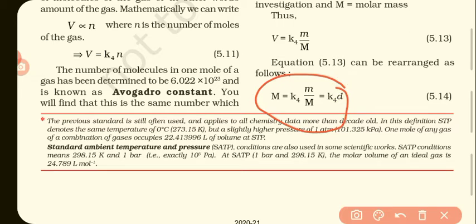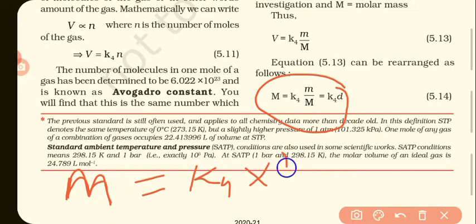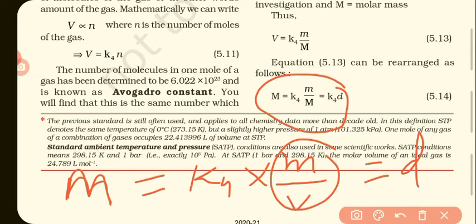This equation is given wrong. It should be M is equal to k4, this is capital M and this is small m upon volume, and mass upon volume is equal to density.